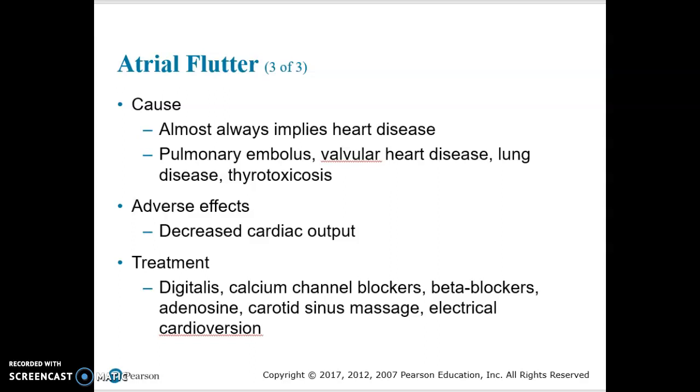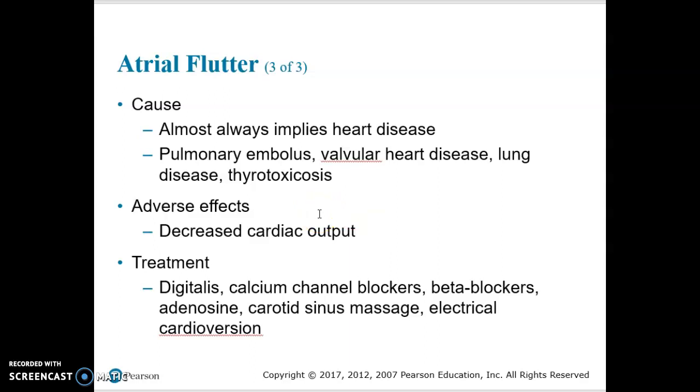It's tolerated well at a normal ventricular rate, but it can become a problem if the ventricular rate gets out of hand and we see decreased cardiac output.